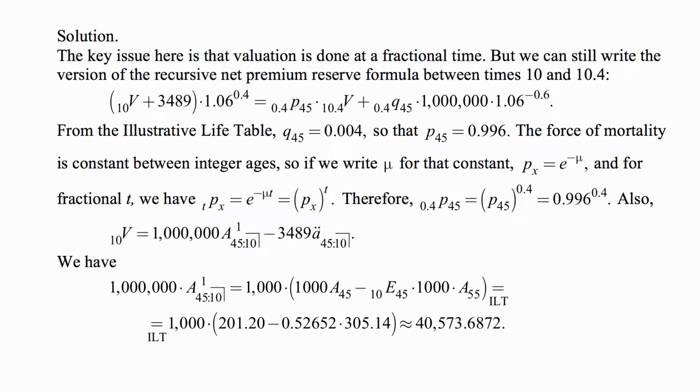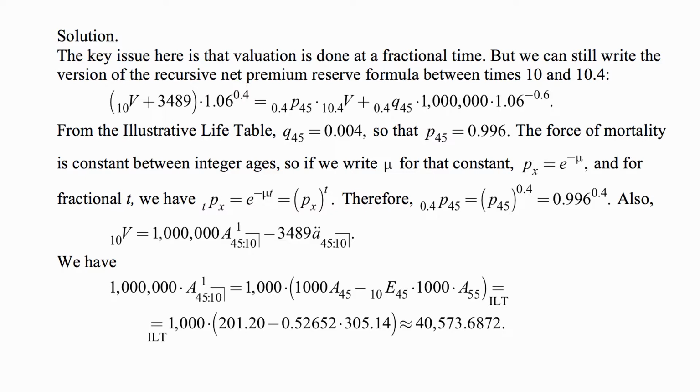Well, the key issue, of course, is that the valuation is done at a fractional time between two policy anniversary dates. But we can still write the version of the recursive net premium reserve formula between times 10 and 10.4. So reserve at time 10 plus the premium paid at that time accumulated over 0.4 years at the valuation rate of 6% gives us the reserve for those who live, with a probability of living at age 45.4.